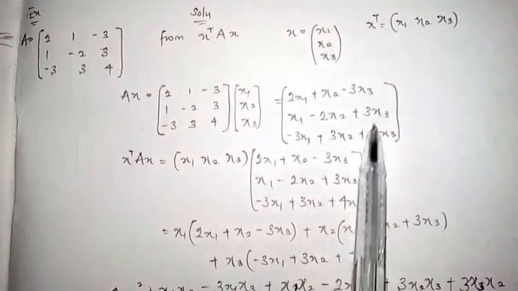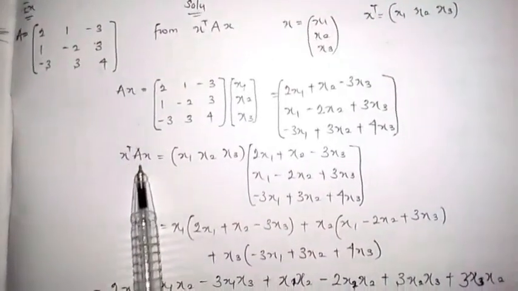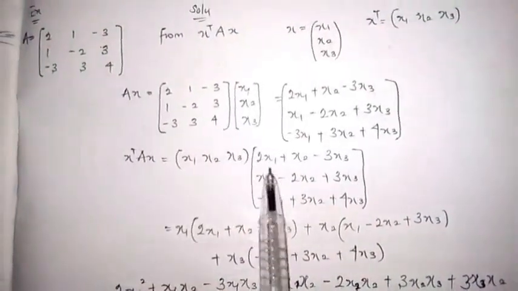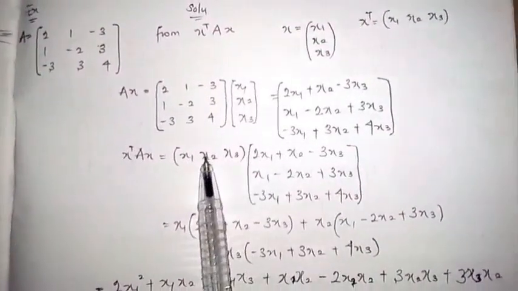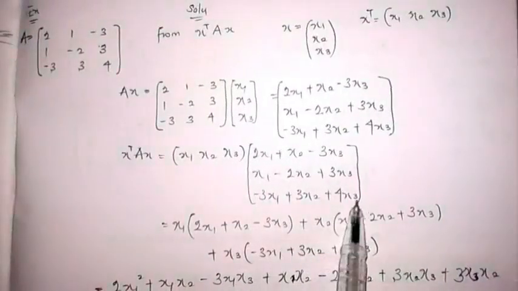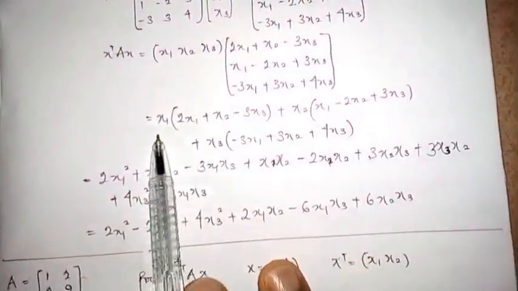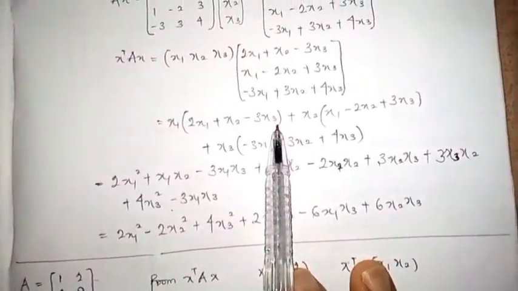And then we came across this matrix here. Then we brought in the transpose of x. We got this, and then x1 will be multiplying everything here, x2 will multiply everything here, and x3 will multiply everything here.